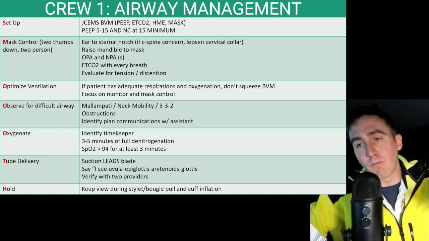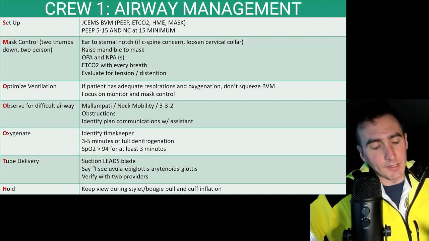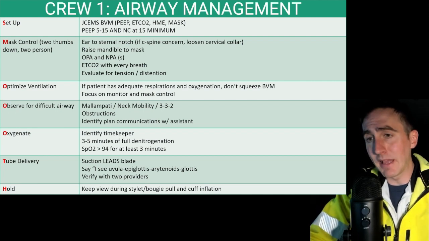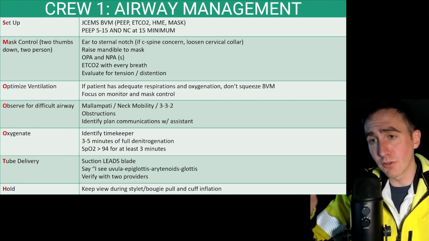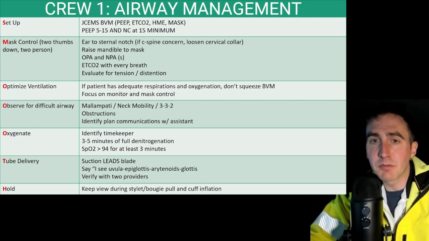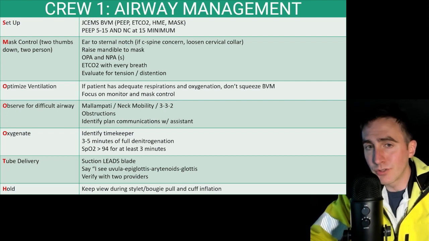Now, if we don't have the rule of 15s in place, if we don't have that nasal cannula on underneath, then that patient is not getting oxygen in between those breaths because there's a one-way valve on that BVM. So breaths only come in when the BVM's being squeezed. Now, there's 3 O's in this smooth, all right?